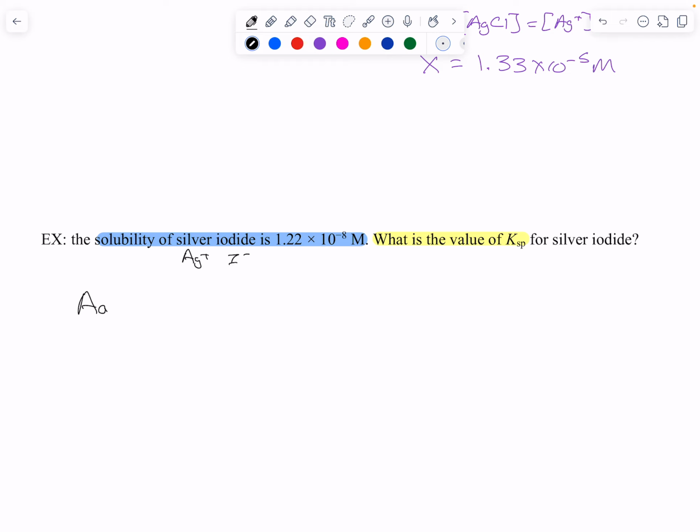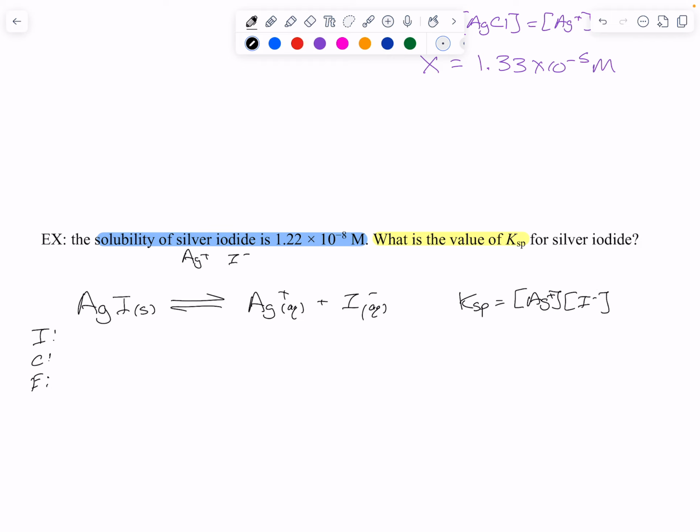So we have AgI solid, Ag plus, and I minus. Our expression, KSP, is equal to silver times I. Well, we don't know what KSP is, but we know the concentration of silver iodide is 1.22 times 10 to the negative 8 molar, because it's 1 to 1 to 1.